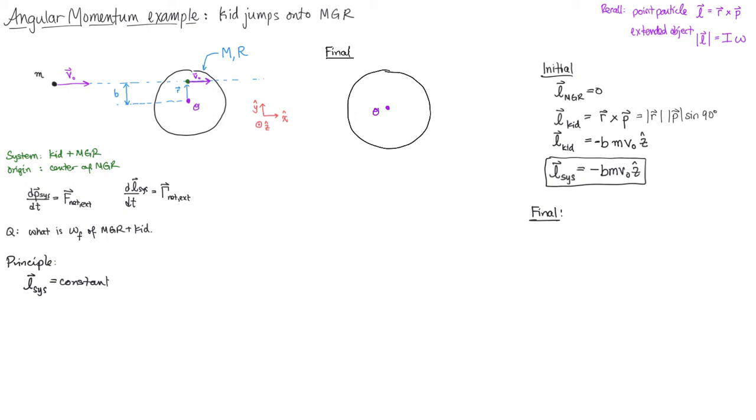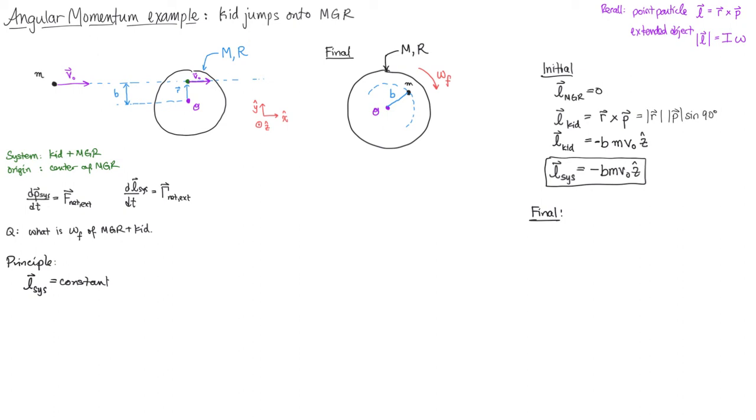Still, we're choosing the same origin. We have the kid that has landed on the merry-go-round. Now this merry-go-round has already started rotating. This kid is some distance b from the center. The kid has mass m, and the merry-go-round, as we already stated, has total mass big M and radius r. Okay.